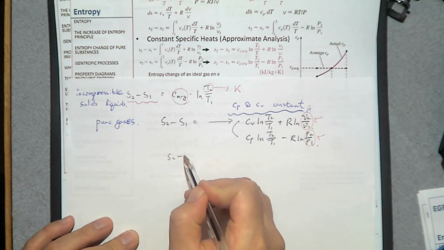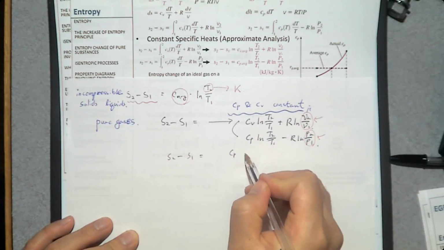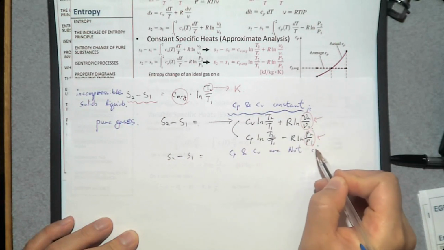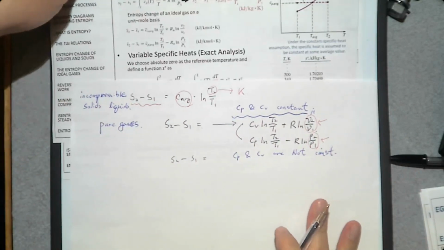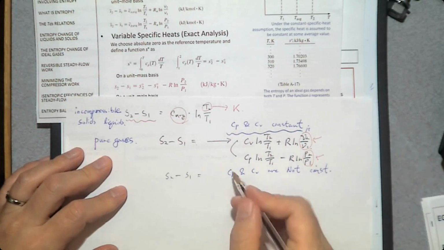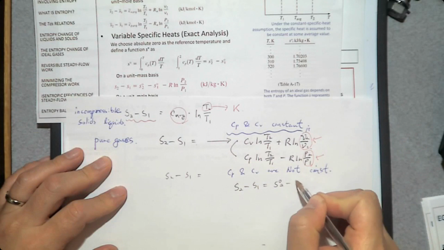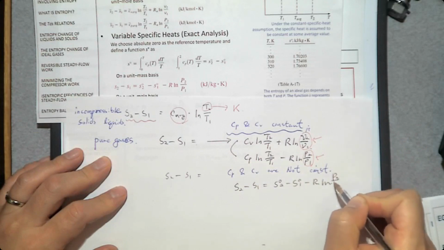If we use a variable specific heat, where Cp and Cv are not constant, then the entropy change can be determined by this equation: S2 minus S1 is S degree 2 minus S degree 1 minus R natural log P2 over P1.